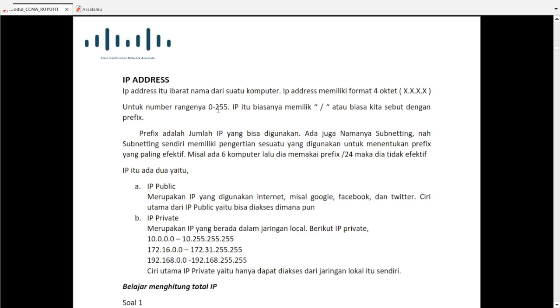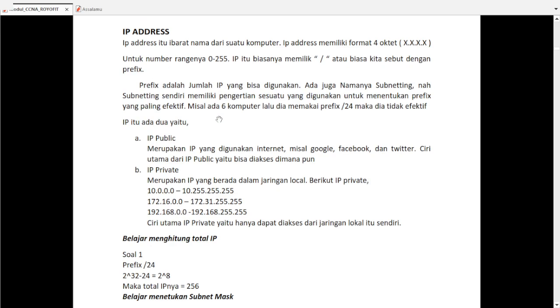An IP usually has a slash, or what we call a prefix. For those who don't know, the prefix relates to the number of IPs that can be used.